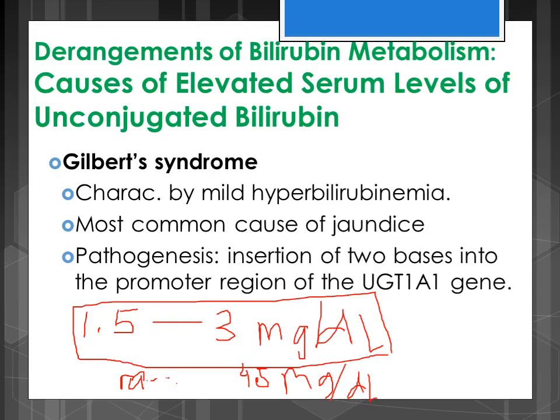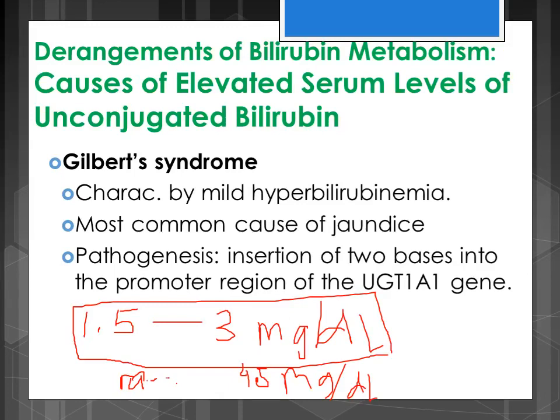So the pathogenesis for the Gilbert syndrome is an insertion of two bases into the promoter region of the UGT1A1 gene, which is a gene that is part of the UDP-GT. What else? A more severe form of the Gilbert syndrome is the Crigler-Najjar syndrome.